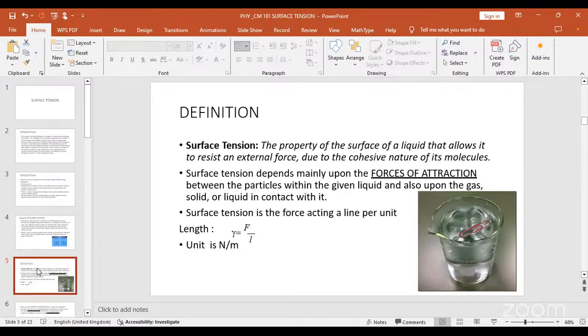You write the equation out, and then you get out your dimension. The unit is Newton per meter, which is obtained from the formula force divided by unit length.